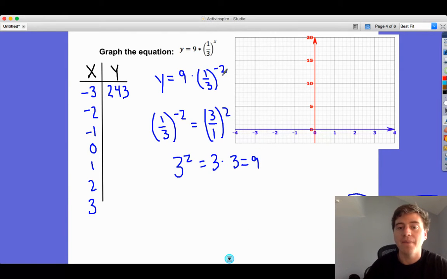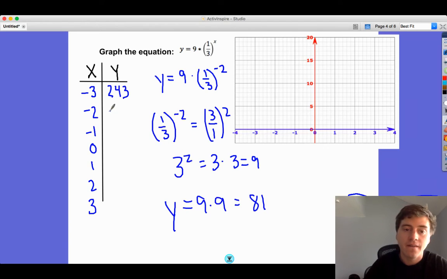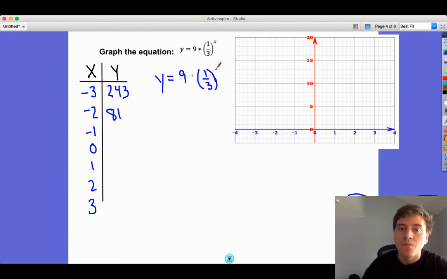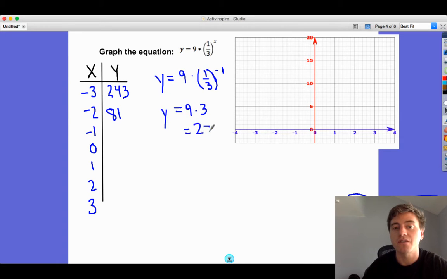We'll plug that back in here. y equals 9 times 9, and that is 81. More quickly, same process with the negative 1. That'll be the reciprocal. So 3 over 1 to the 1. 3 to the first is just 3. So y equals 9 times 3, which is 27.